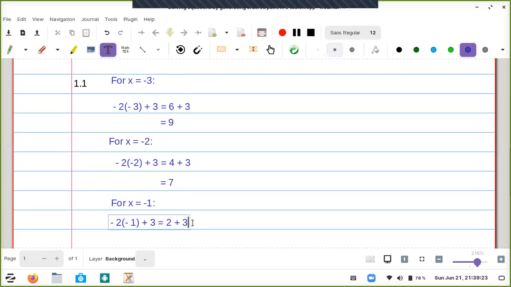Right, then which is 5. Allow me to write 2 equal signs in a row there.